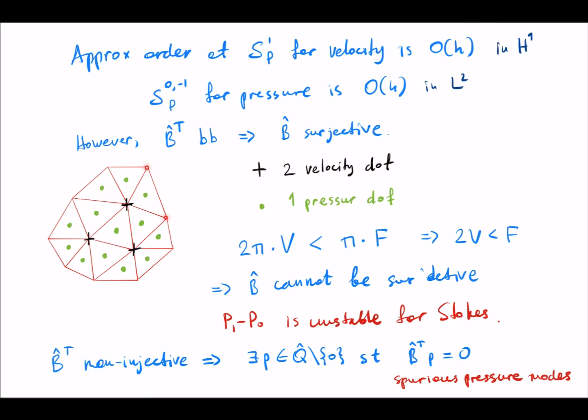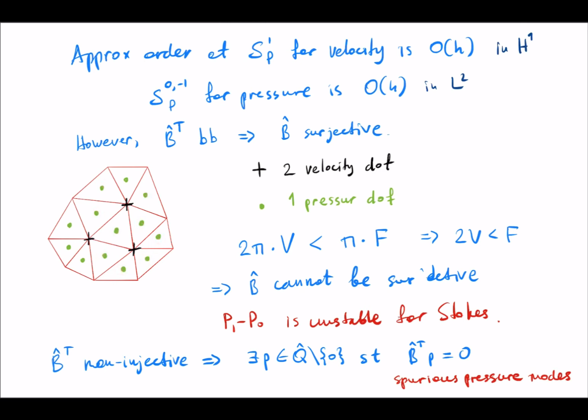That means there are no degrees of freedom on the boundary, and the only degrees of freedom are on the interior vertices. So in this case, we have three interior vertices, and on each vertex we will have 2 degrees of freedom. Basically it means that there is going to be one finite element space for the x component of the vector field, and another finite element space for the y component of the velocity vector field. And for the pressure, you're going to have 1 degree of freedom per element.